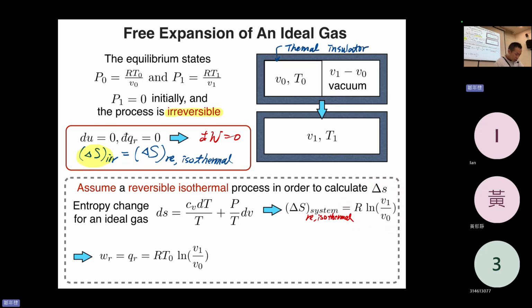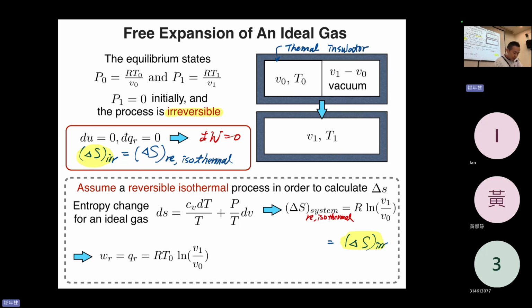Okay, so actually, yes, we can say this is delta S irreversible because they have the same initial and the same final condition. So their change is equal to the reversible isothermal value.